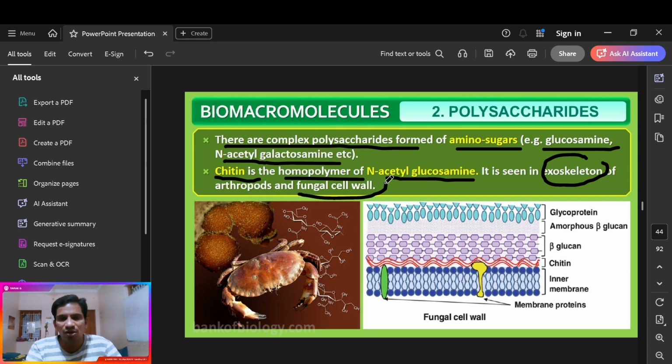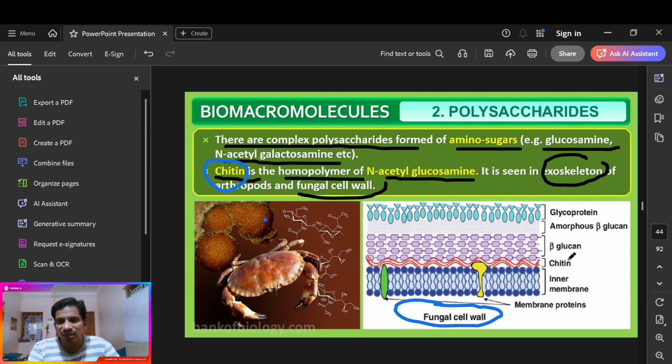In detritus, if chitin is there, the decomposition process will be slower, right? Glycoprotein, amorphous beta glucan and beta glucan are the main composition of the fungal cell wall, along with chitin, right? They have given examples such as crab and fungi.